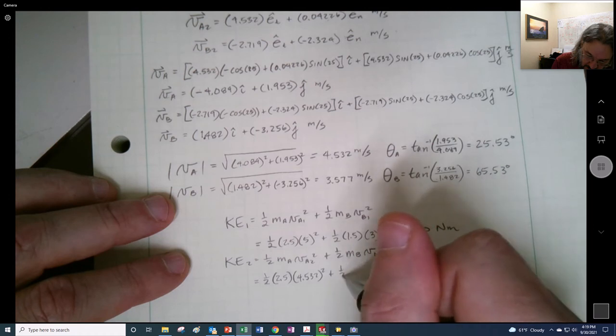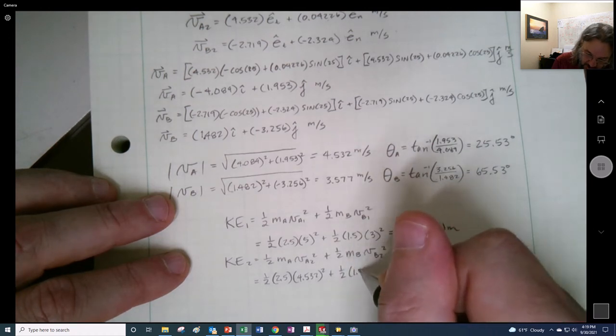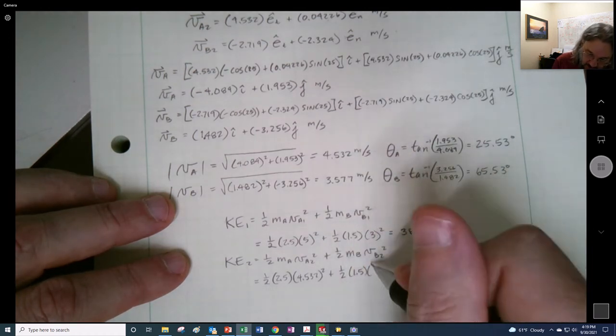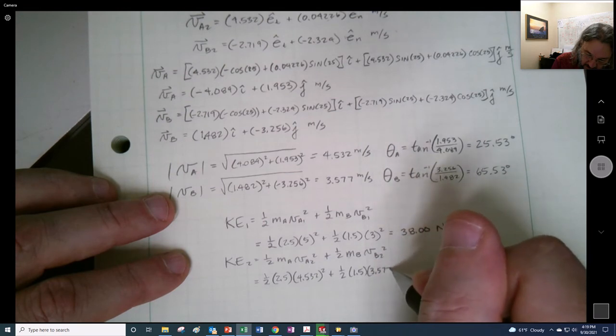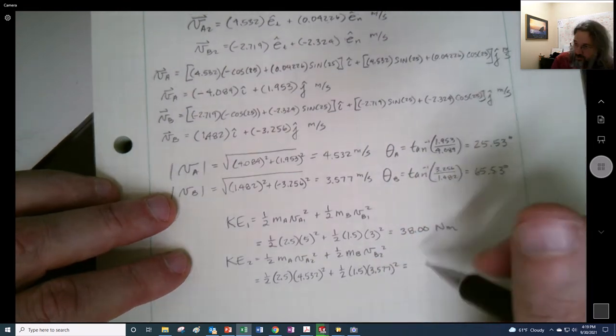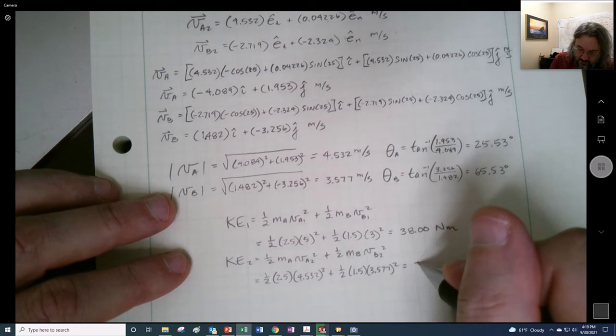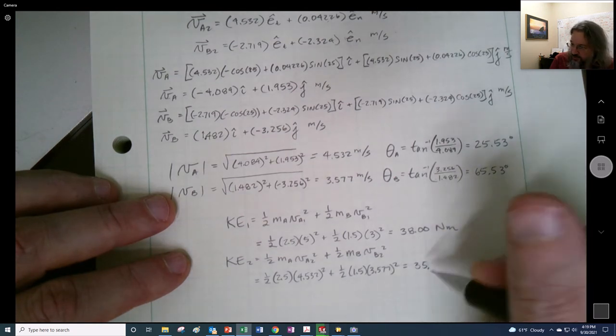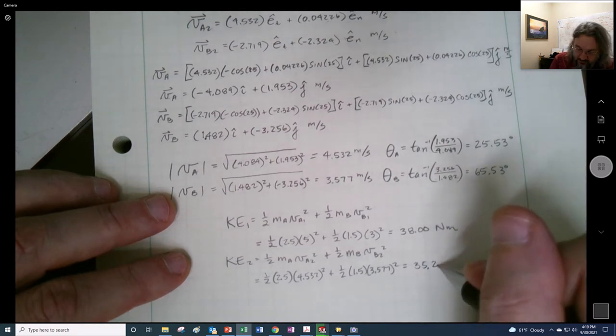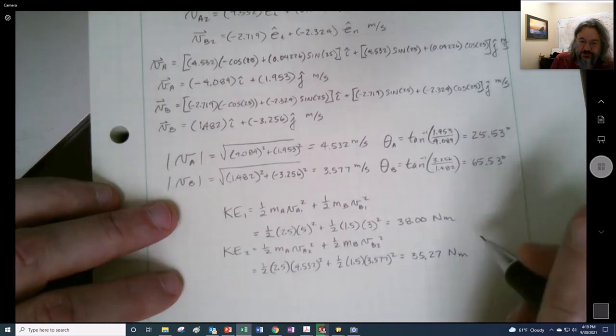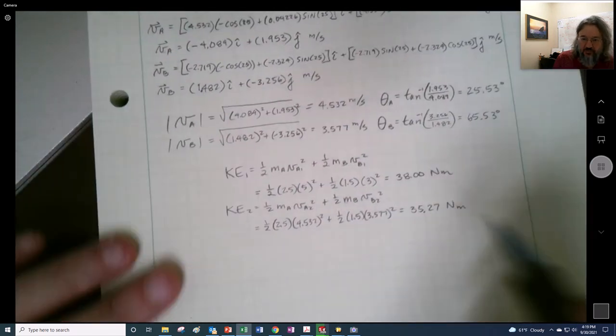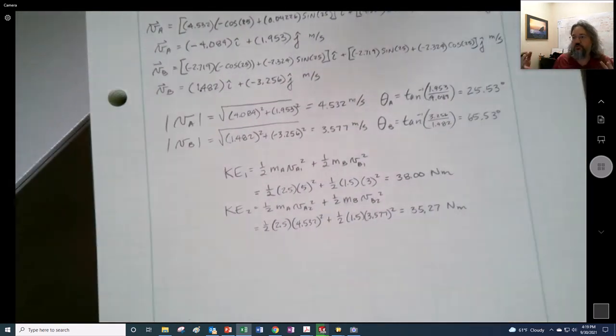So it's not just the components. You have to use the entire velocity. And here's our 3.577 squared. And I'm saying that becomes 35.27 Newton meters.